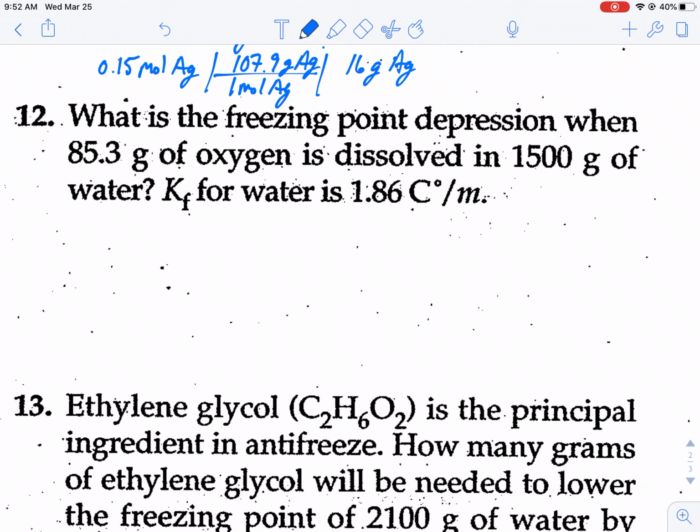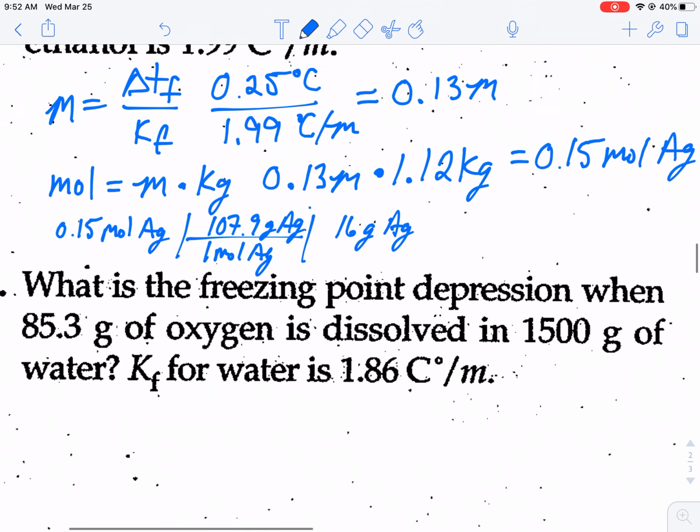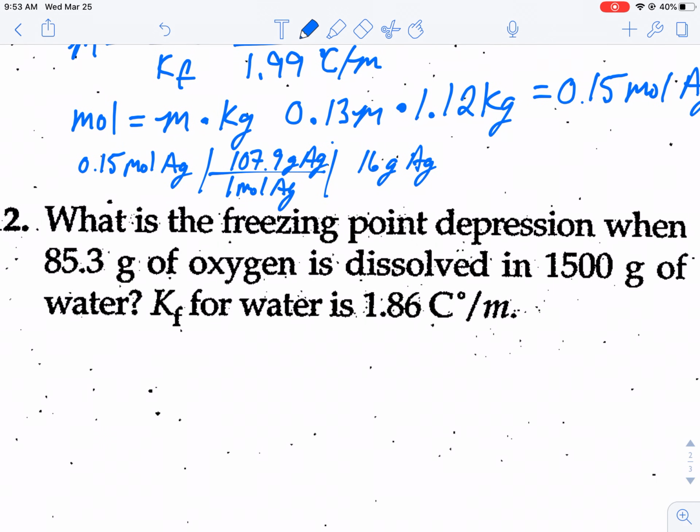So my first step is to figure out what is the molality of the solution. To find molality, it's moles over kilograms of solvent. I don't have my moles of my solute yet, so that is actually going to be step 1.